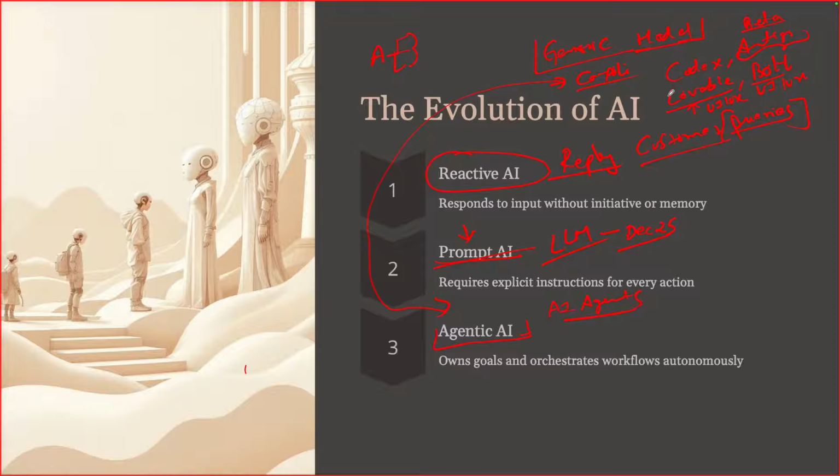Now we have something called Codex also. Codex, if I'm correct, is released by OpenAI. Then you have something called Cursor. This is also something like Anti-gravity. This Cursor is very good when you try to write backend code.